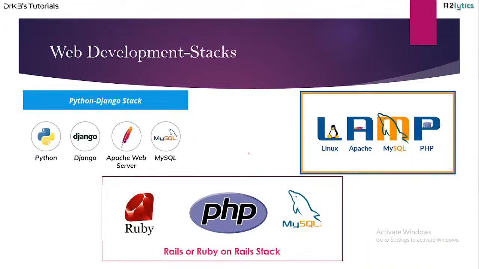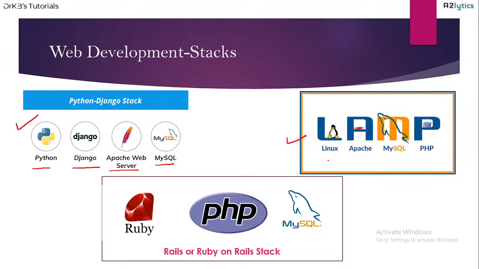Next, the third stack is the Django stack. In this you have to learn Python, the Django framework, the Apache web server, and the MySQL database. The fourth stack is LAMP.